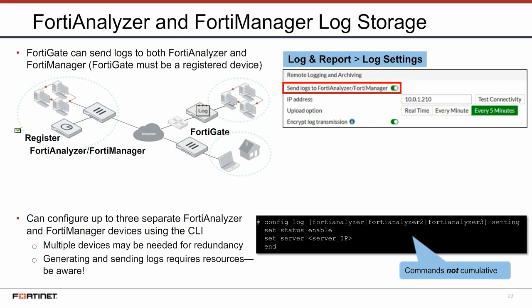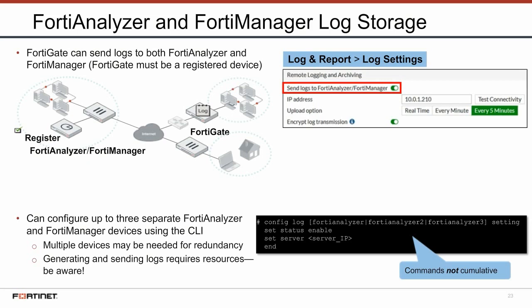GUI: on the Log Settings page, enable logging to FortiAnalyzer or FortiManager and enter the IP address of the remote logging device. CLI: for both FortiAnalyzer and FortiManager, use the config log fortianalyzer setting command. Even though FortiManager isn't explicitly mentioned in the command, it is used for FortiManager as well.